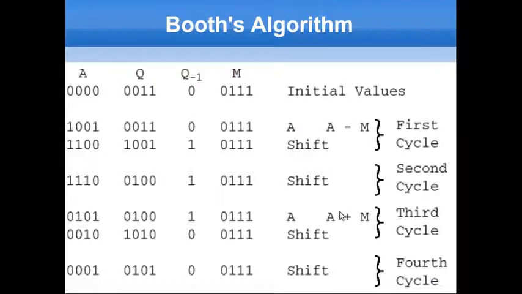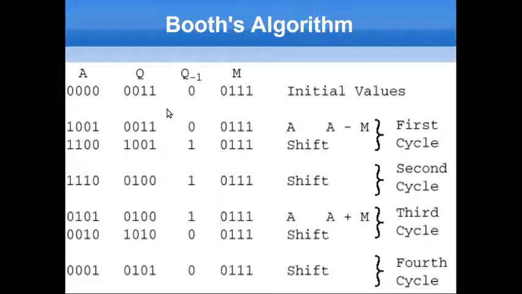An easy way to remember whether we are to add or to subtract is to think of what a binary number beginning with a 0 or 1 would represent in 2's complement form. For instance, as a general rule, any negative number begins with a 1.